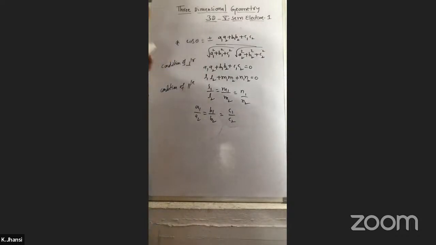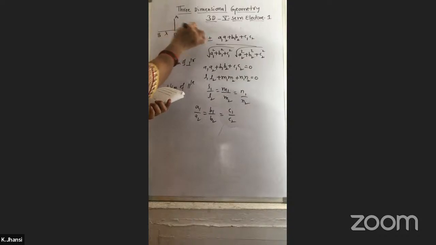So the foot of the perpendicular divides the line BC. If we take that point as D, we can take the ratio as lambda is to 1. We have the formula for when a line is divided in the ratio lambda is to 1. A, B and C are given in the question.